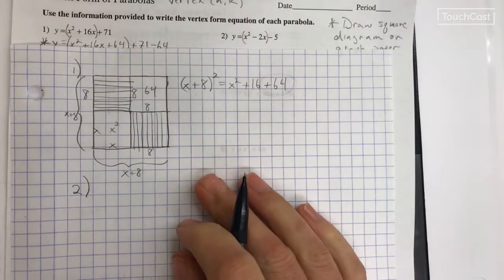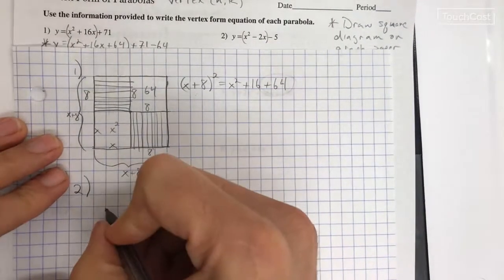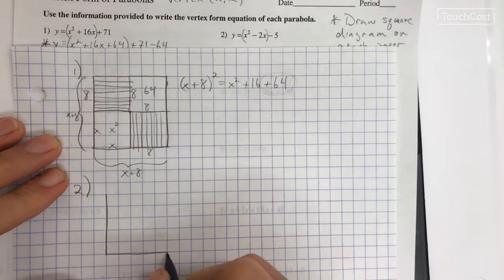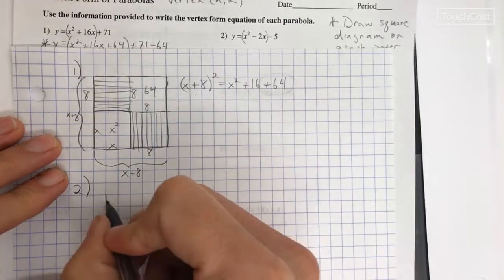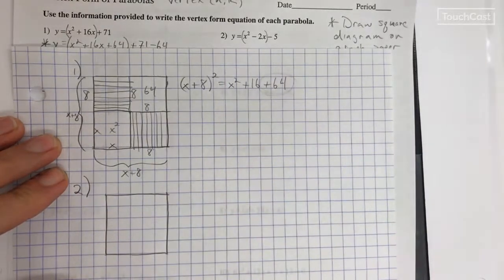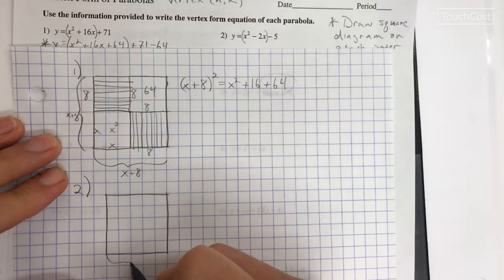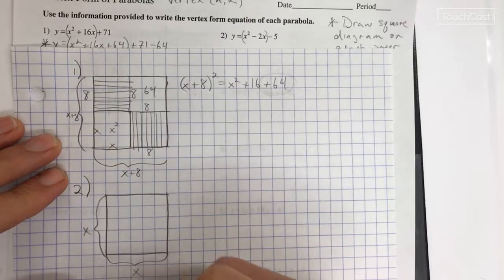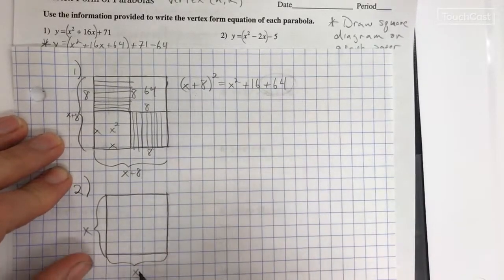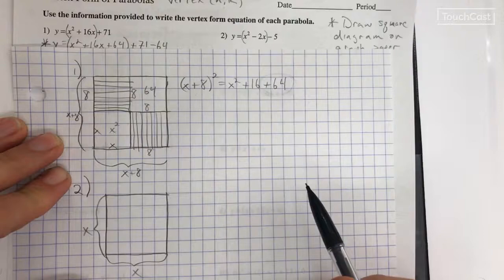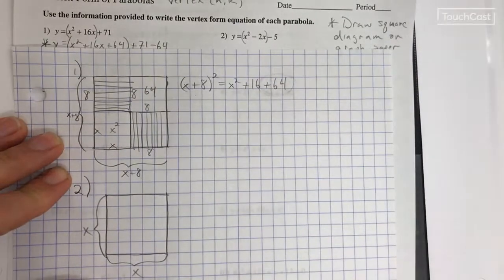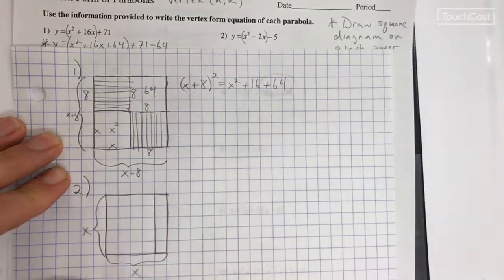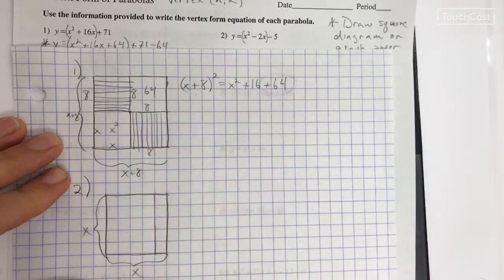And this time we're going to say this whole thing is equal to x squared, and we're going to try and see what it looks like when we take away 2x. Okay? So here's 1x. This is x squared minus x.